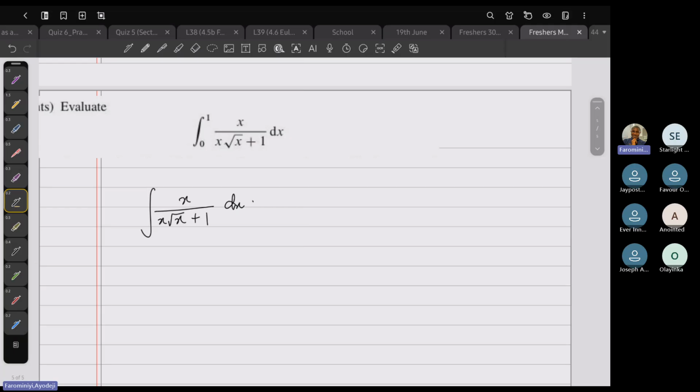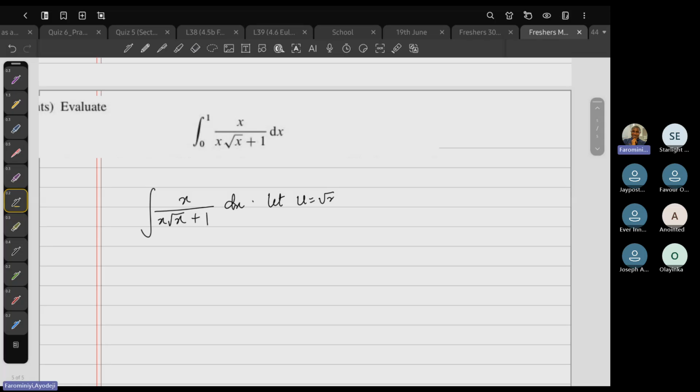But what is the term that looks ugliest here? It is the square root of x. So that should be a pointer for what we can make as our u. So let u be equal to square root of x. Let's play around with this and see where it leads us.